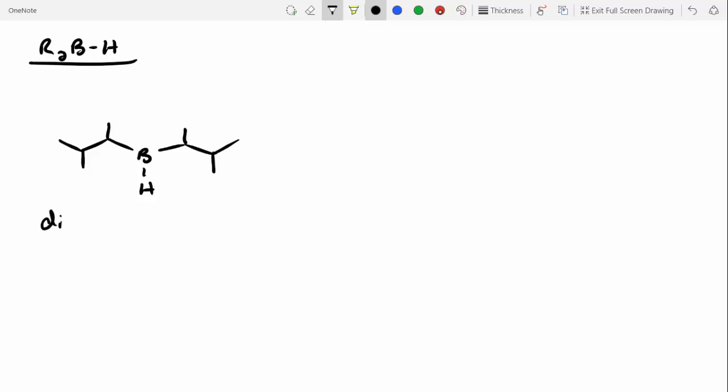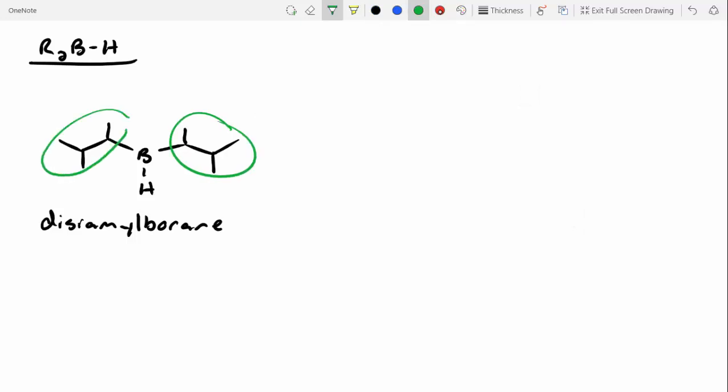This is called diisoamyl borane. And the main thing to be concerned with is these are too bulky to react with alkenes. They physically take up too much space.